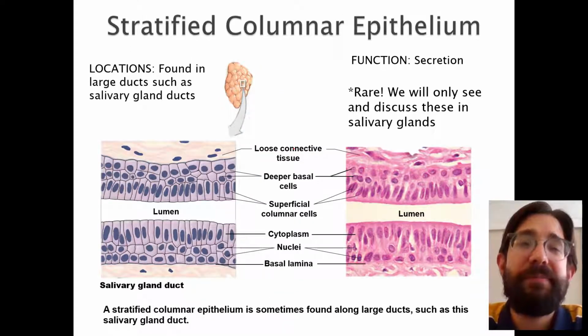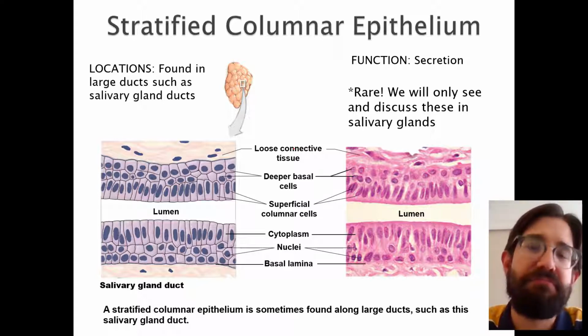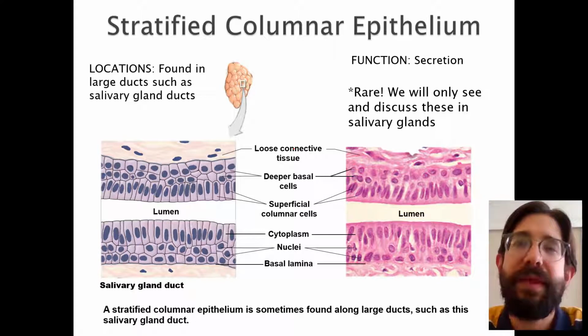Stratified columnar epithelium, much more straightforward. It makes some glands, some of the big ducts inside glands, like in the salivary glands. However, this is a good image to use to explain one other concept.